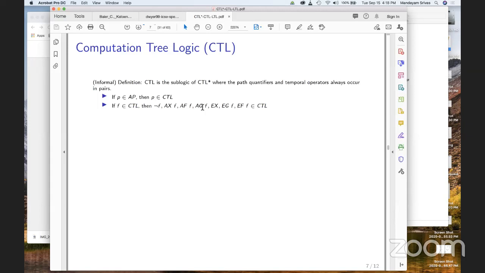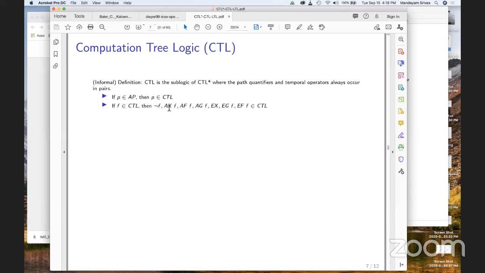I have already defined that in CTL star. So X, F, and G are temporal operators. They take a path formula and extend that to another path formula, and we define the formal semantics of that over paths.